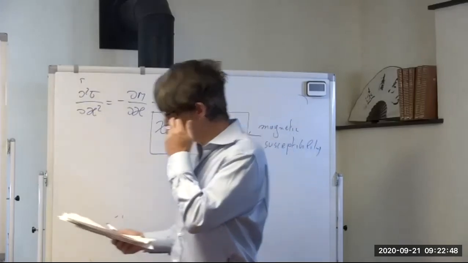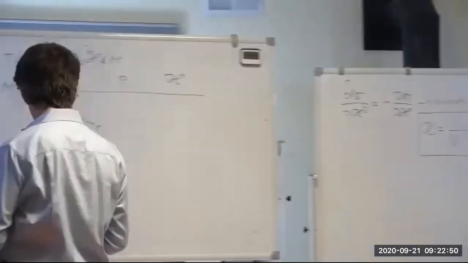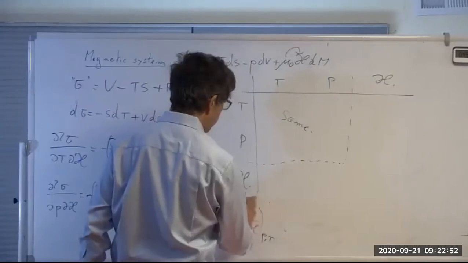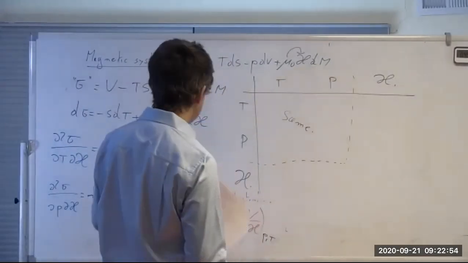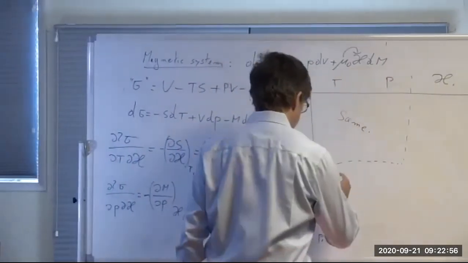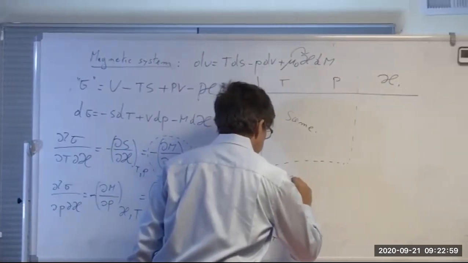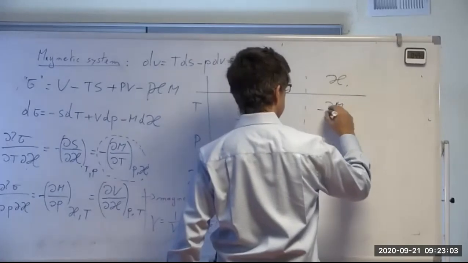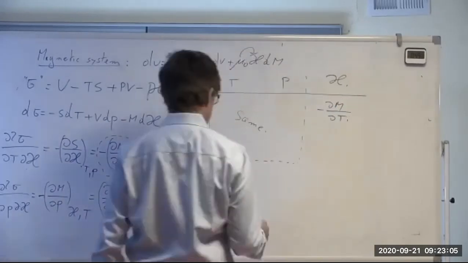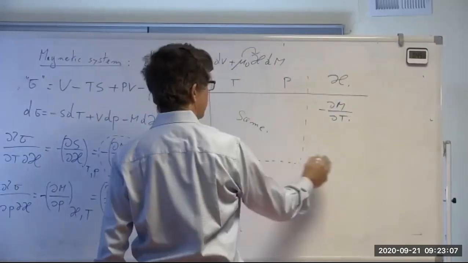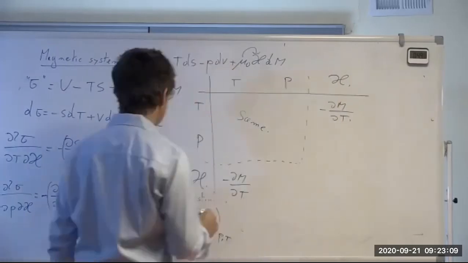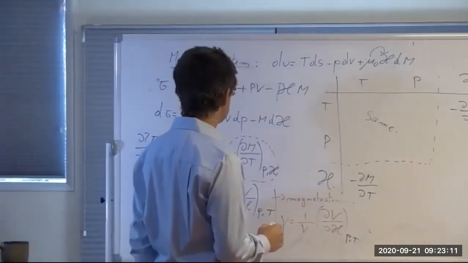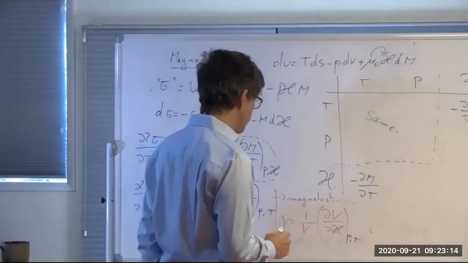Okay, so what appears in this matrix of second derivatives here, right? dt dh, so here I get minus dm dt, and I get that here too, right? Minus dm dt. When I cross mechanical things with magnetic field, I get the magnetostriction.